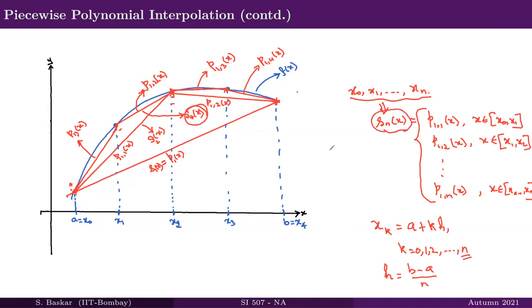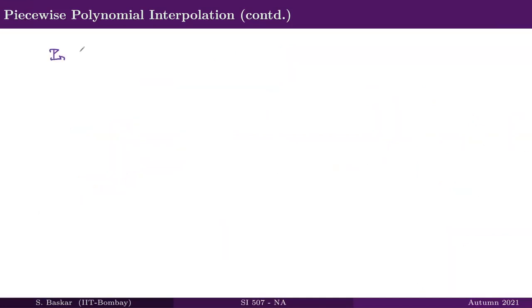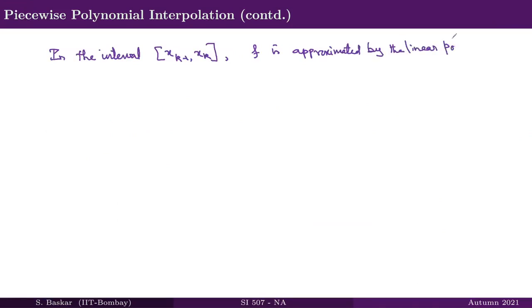Thereby, we have a sequence of functions Sn defined in the interval [a,b]. Now the question is whether this sequence of functions converges to f pointwise. Remember, in the interval [xk-1, xk], f is approximated by the linear polynomial interpolation P1k of x, right?